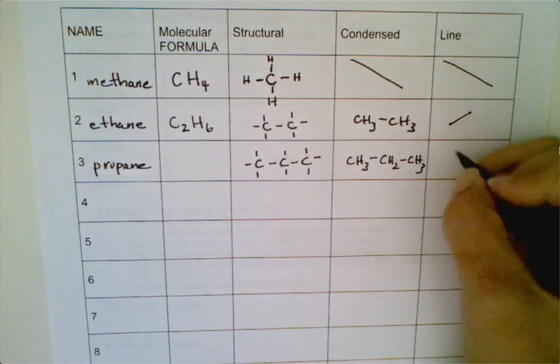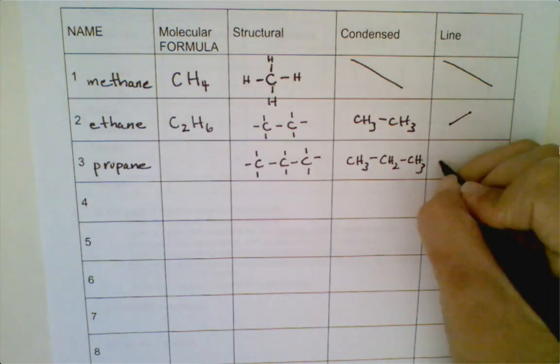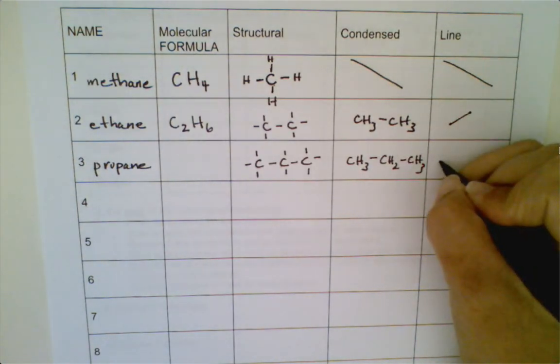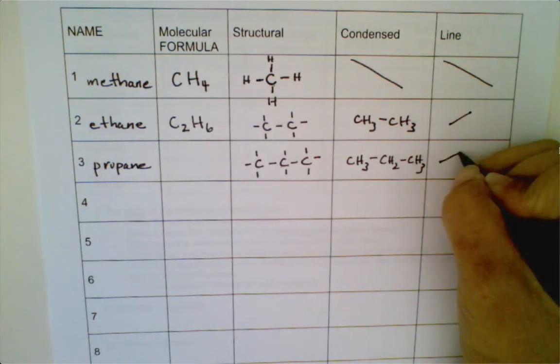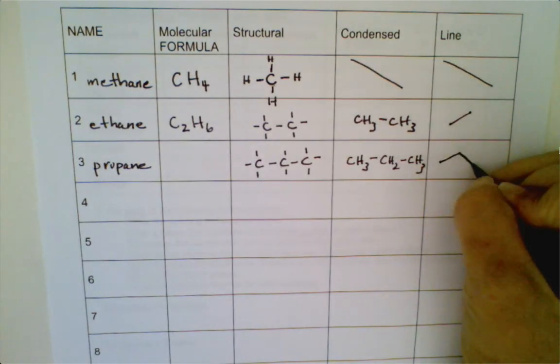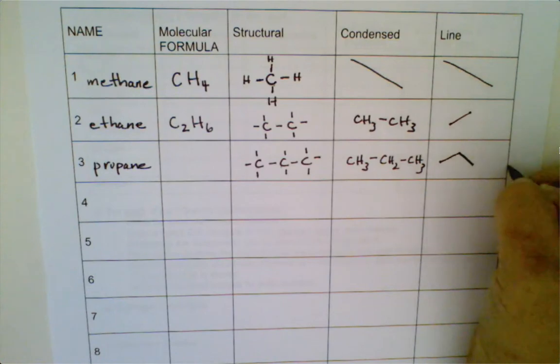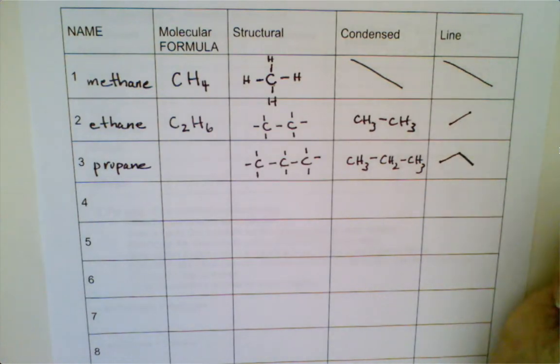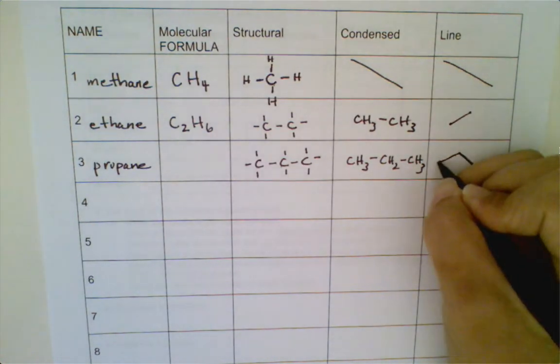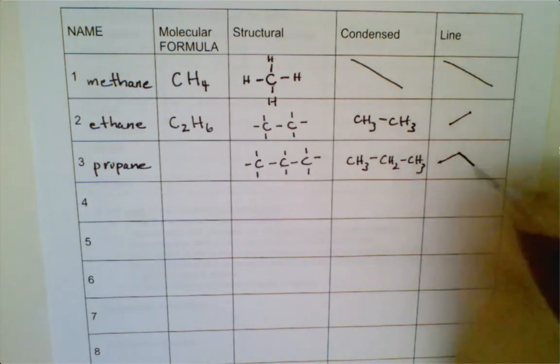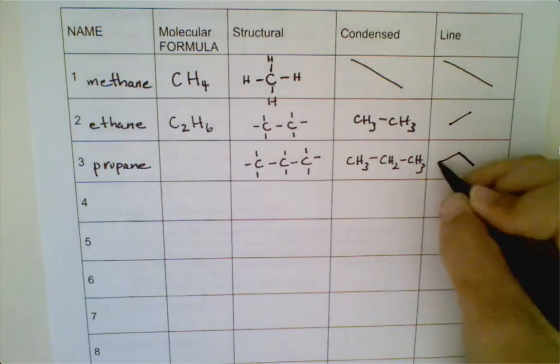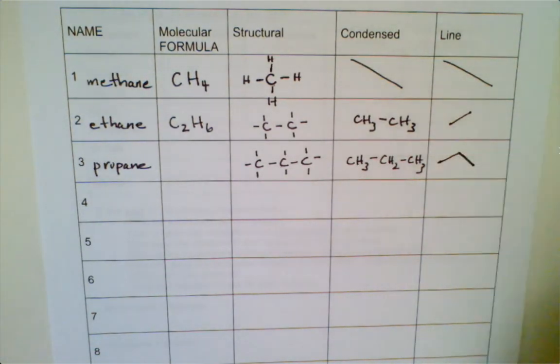When I go to do the line structure, when you have a dot here, that represents 1 carbon, then we have another carbon, and then we must sort of keep going up and down in a zigzag fashion. So every time you come to a point, that point represents a carbon. So 1, 2, 3. Notice in these line structures, you do not need to put in any hydrogens. They are assumed to be there.